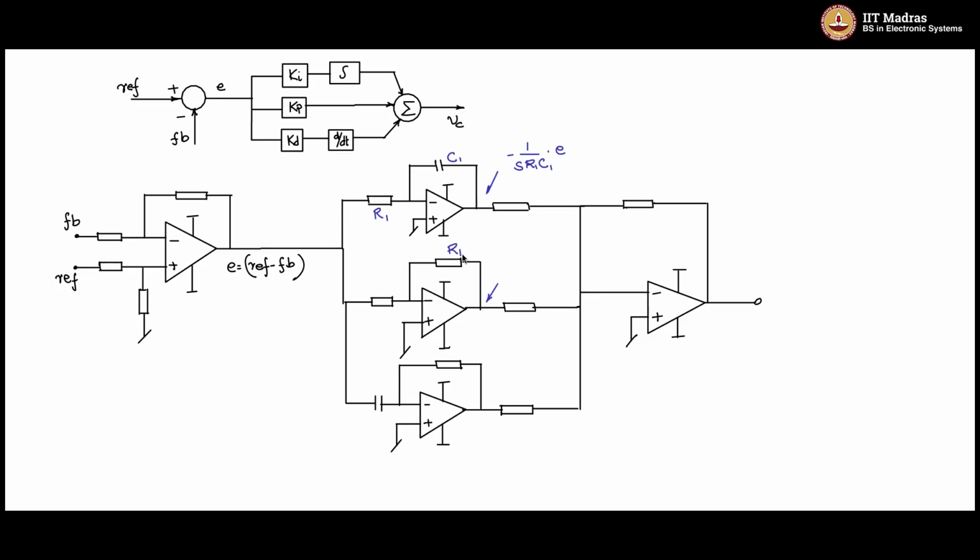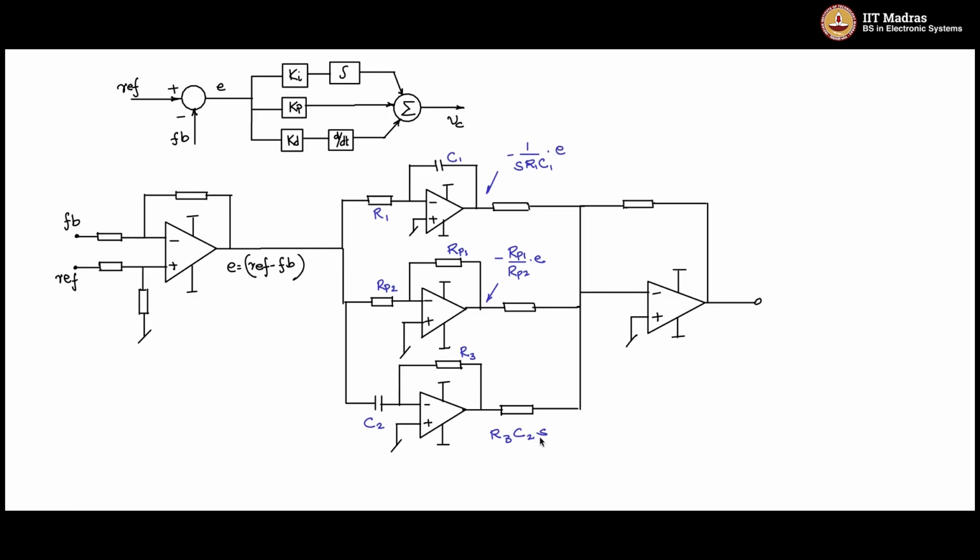Here, if this is RP1 and RP2, then minus RP1 by RP2 will be the gain of this. So this is the Kp value. And if this is R3 and C2, then R3 divided by 1 by SC2, or R3 C2 S, with a minus sign, will be the gain of this differential amplifier.